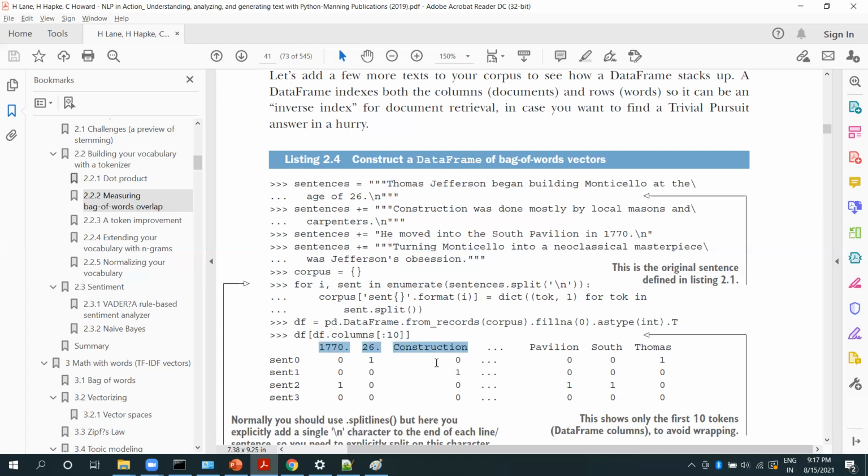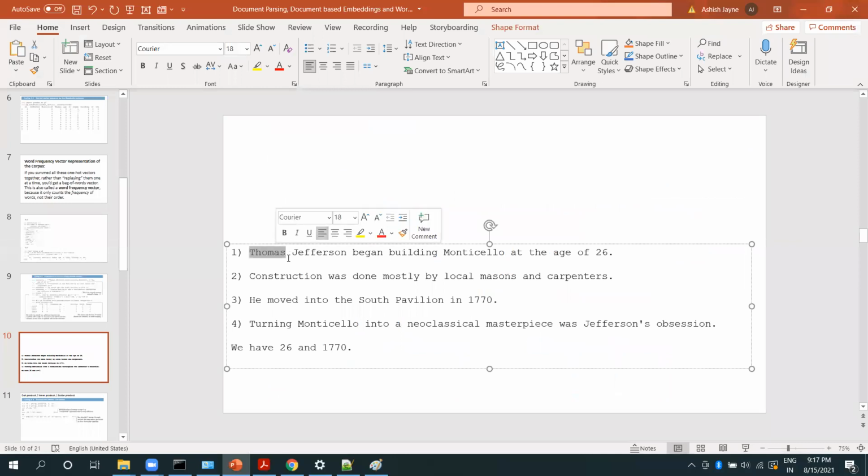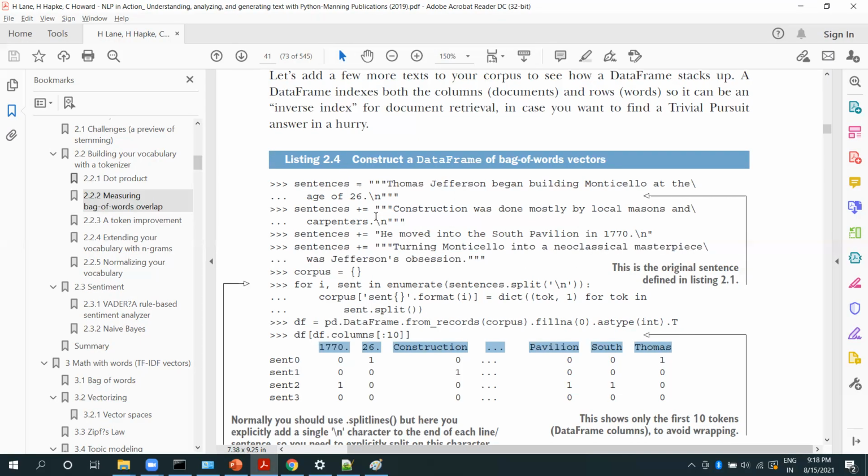And how did we build this vocabulary for this x-axis? By parsing. You tokenize, you pick every word in it. Thomas is there, Jefferson is there, began is there, building is there, Monticello, at, the, age is there, of is there, 26 is there. Tokenization gives you the words, you sort them, you put them in order.